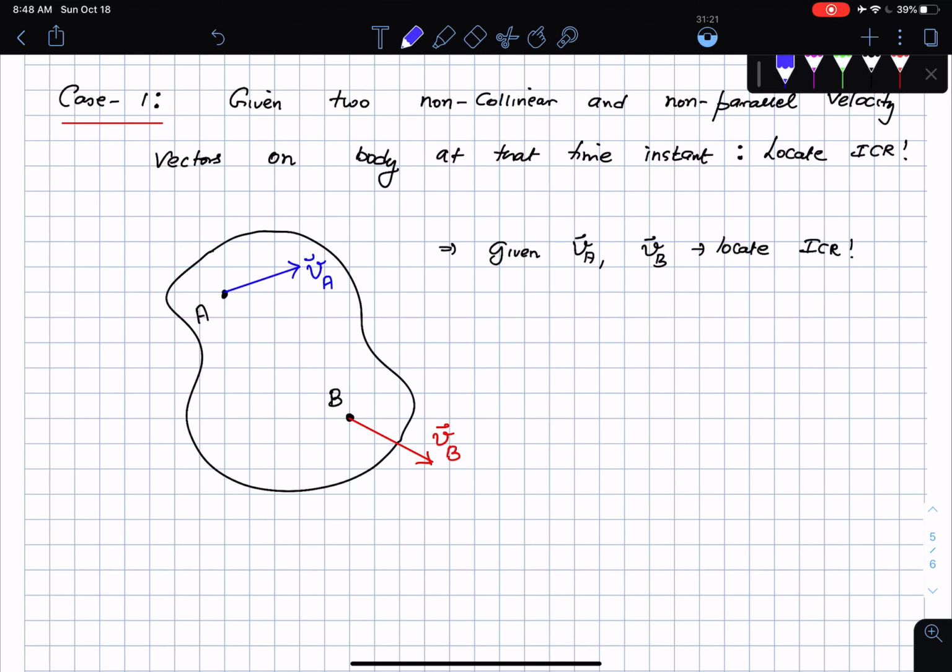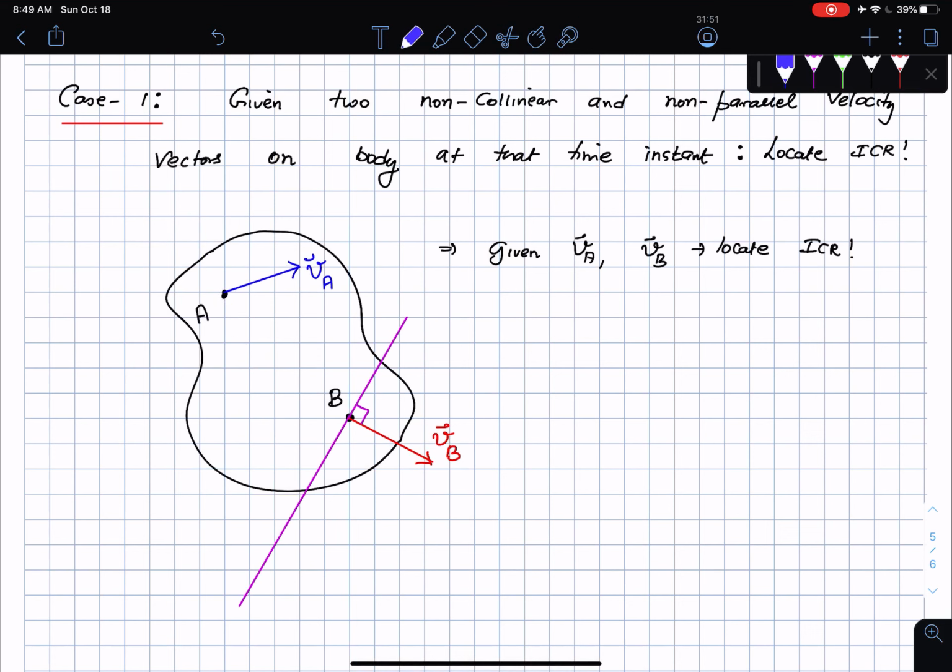First thing I do is this. I know that ICR is going to be along a line perpendicular to the velocities. So I'm going to draw a line that is perpendicular to the velocity of point B. Then I also know that the ICR is going to be along a line that is perpendicular to the velocity of point A, which means I'm going to draw a line that is perpendicular to the velocity of point A. That was not necessarily straight.